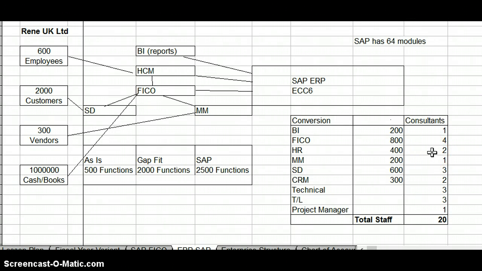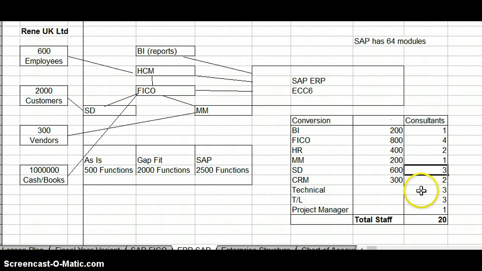HR, or Human Capital Management, would be 400 functions, so you would need 2 staff. MM would be 200 functions, so you would need 1 staff. SD, that's Sales and Development, you would have 600 functions, so you would need 3 staff. And CRM, you would have 300 functions, so you would need 2 staff.